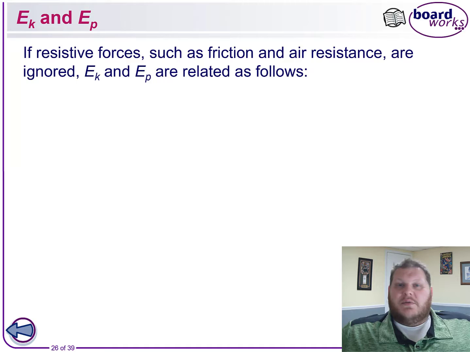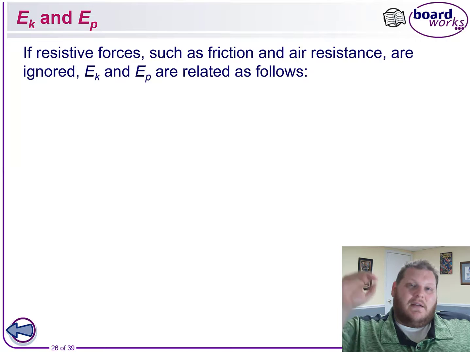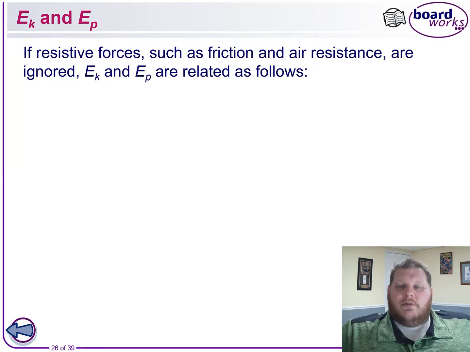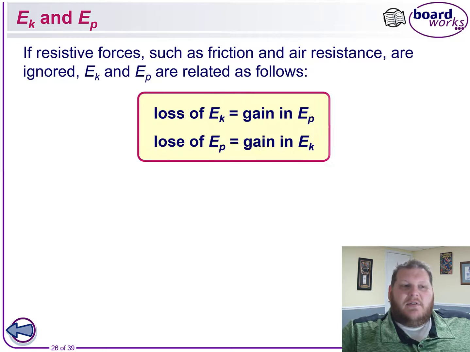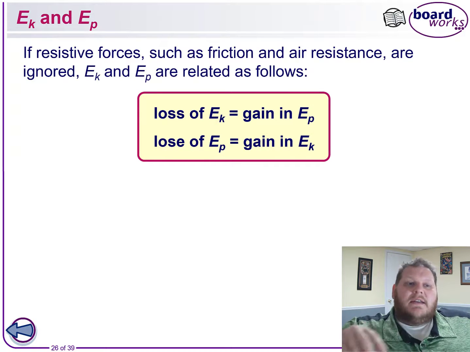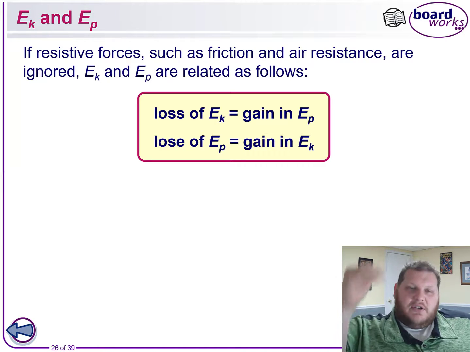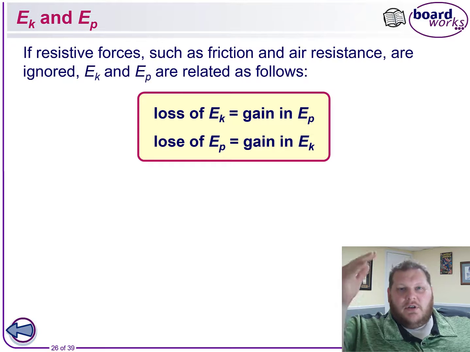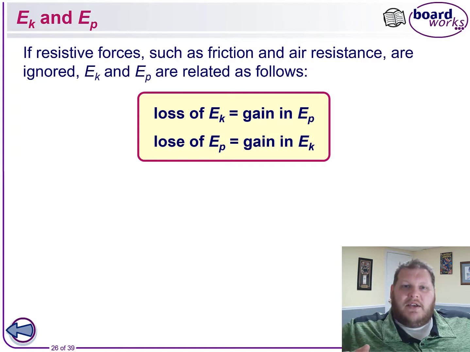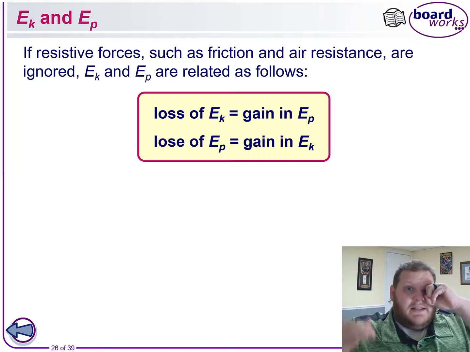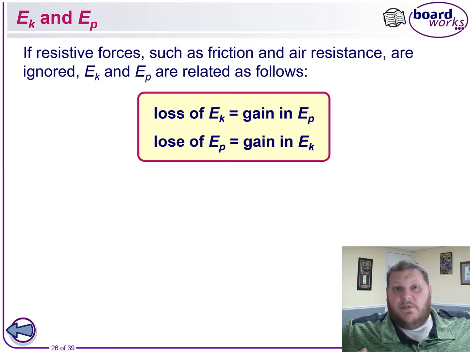If we assume that none of those resistive forces are acting on our object, and the object is increasing velocity, gaining kinetic energy, or we're picking it up and raising it, gaining potential energy, then any loss of kinetic energy has to lead to a gain in potential energy. Or vice versa. If it's falling, it's losing potential energy by lowering in the gravitational field, but because of that, it's accelerating, moving faster than before, so it's gaining kinetic energy.